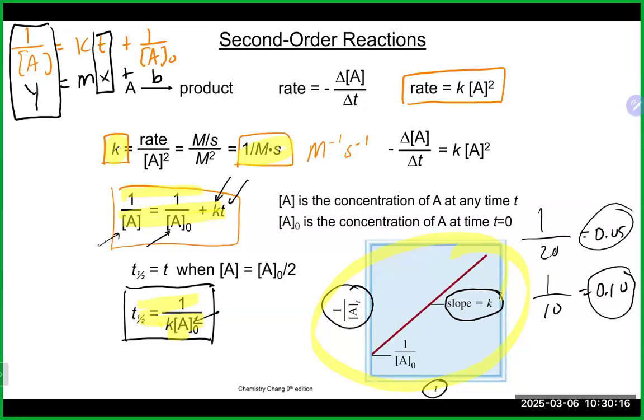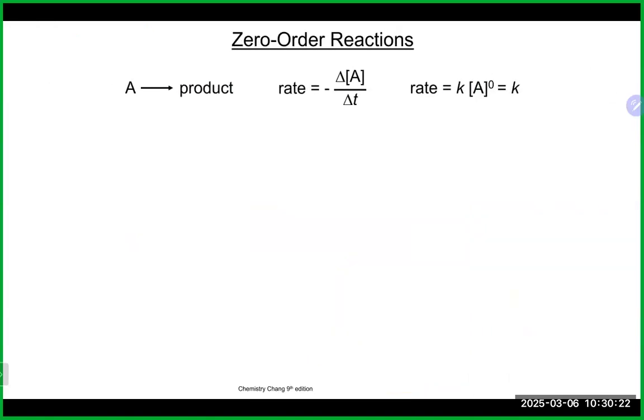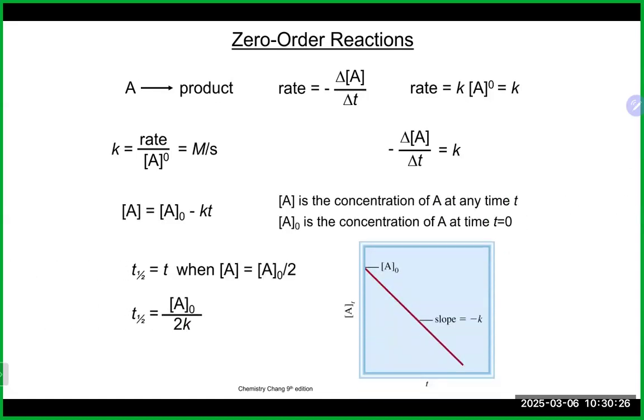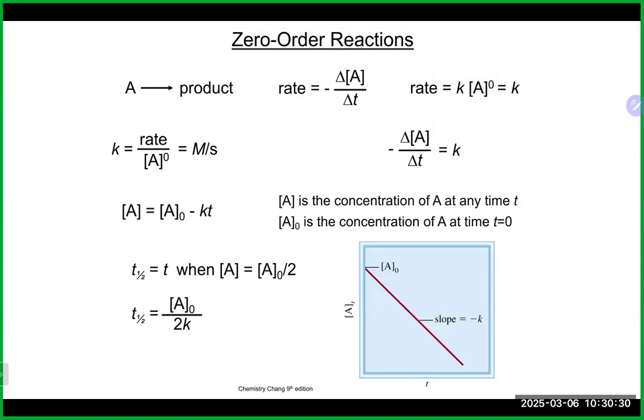The last type of order of a reaction that we're going to talk about here is zero order reactions. And a zero order reaction is a little bit different in a sense. Here we can get basically a zero order reaction by having one reactant that is to the zero order.